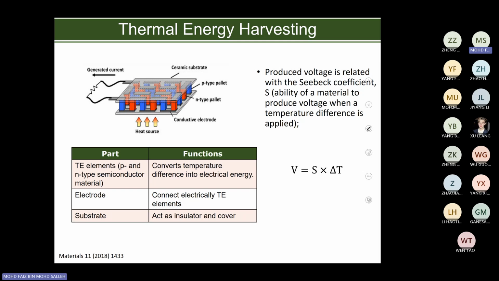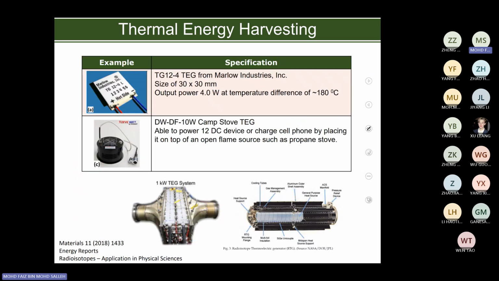And this is a typical example of a thermoelectric power generator, usually called a TEG. The module is quite small, but you can stack it to look like this or like that. Thermoelectric generators have been used by NASA in their aerospace shuttles to produce electrical power.